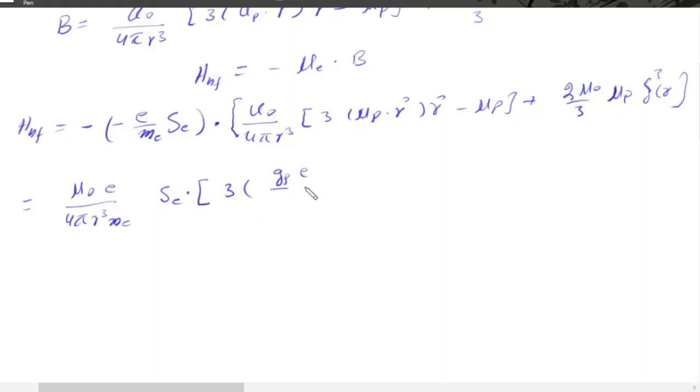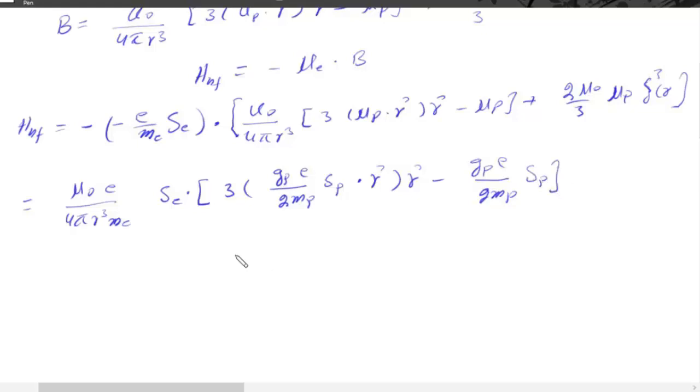we put in the magnetic dipole of the proton, which is g_p e/(2m_p) S_p, the proton spin. Then r̂, and minus the value of mu_p, which is g_p e/(2m_p) times the spin of the proton.